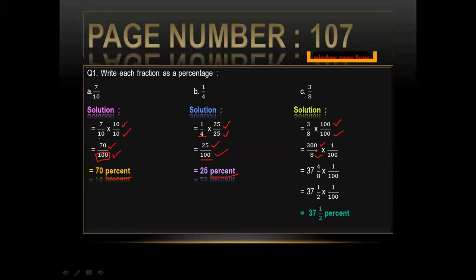Now we have 300 over 8, we divide it, and get 37 whole number 1 over 2. First we have 37 whole number 4 over 8, and again we cancel it, 37 whole number 1 over 2. This number will be the same, and 1 over 100 will be changed into the word percent.